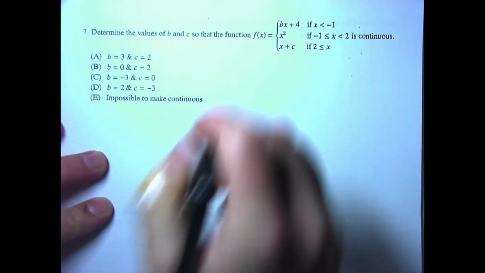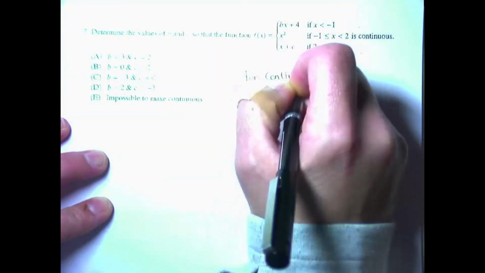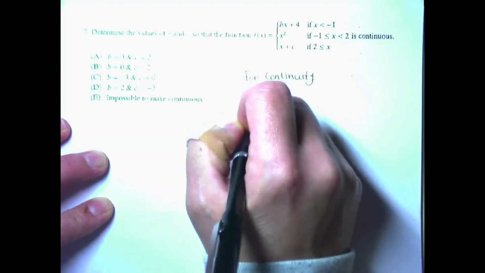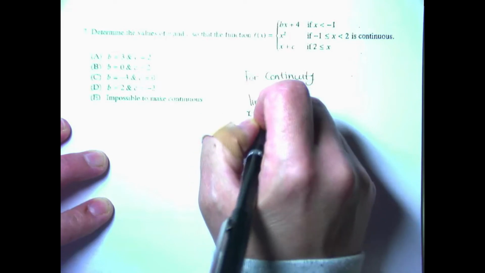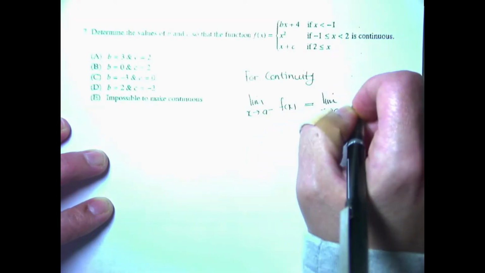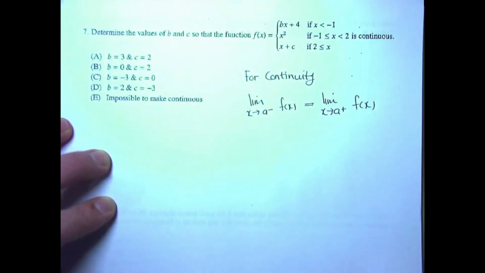So for continuity, I know that the limit as x approaches a from the left for some function f of x must be equal to the limit as x approaches a from the right for that same function. So I'm going to be setting these limits equal to each other.